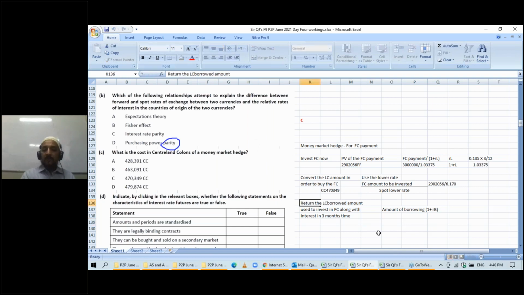Okay, so now let me calculate RB first. So pick the borrowing rate. Borrowing rate is 8.1% per annum. So I have to convert it into 3 months rate, and then 1 plus RB. So 1 plus RB becomes 1.02275.